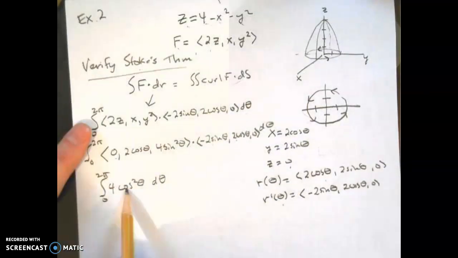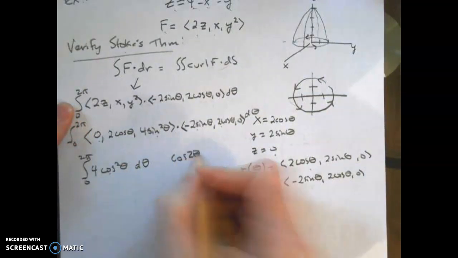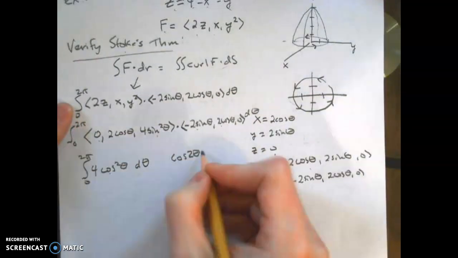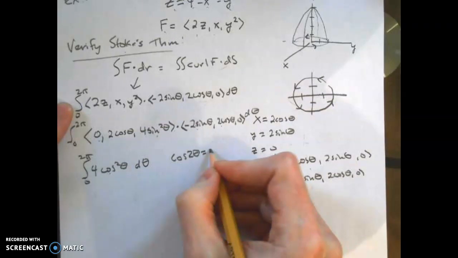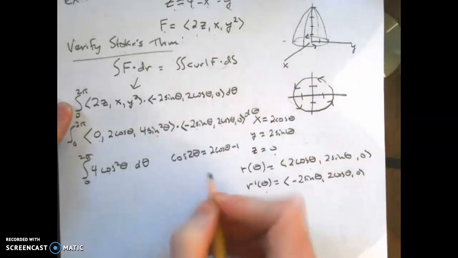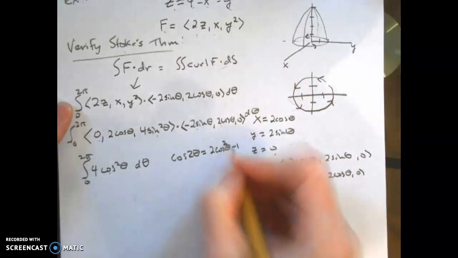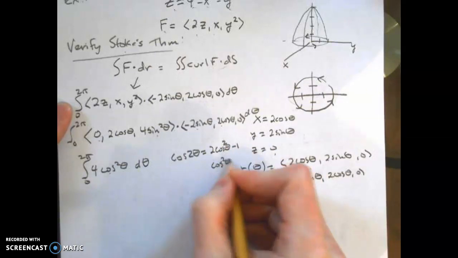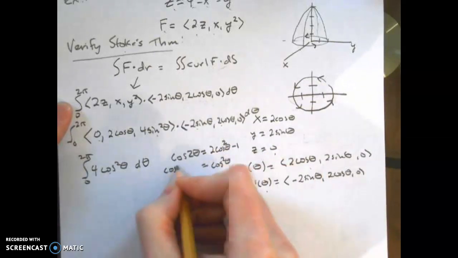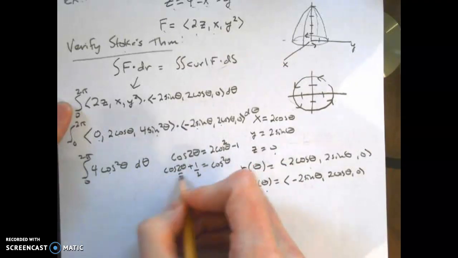Okay, remember how to calculate this. We're going to use the identity cosine 2 theta equals 2 cosine squared theta minus 1, so cosine squared theta equals (cosine 2 theta plus 1) over 2.